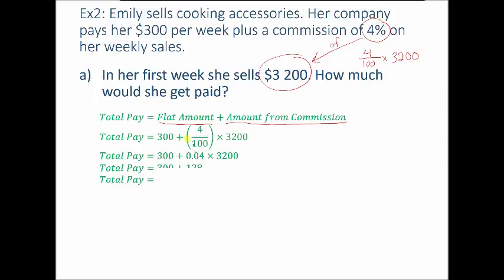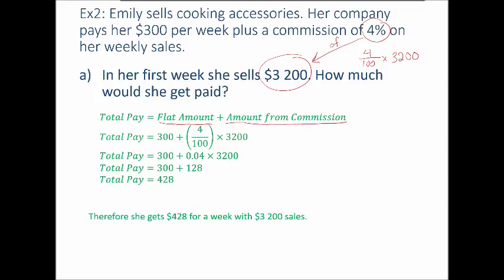Okay, so we could write that 4 over 100 as the decimal. Now again, multiplying that out, I've done it in 2 steps. Of course, you don't have to, you can just do it all in one. So we get that that's 300 plus 128, or $428. So our concluding statement, she gets $428, which isn't bad, when she makes $3,200 in sales.